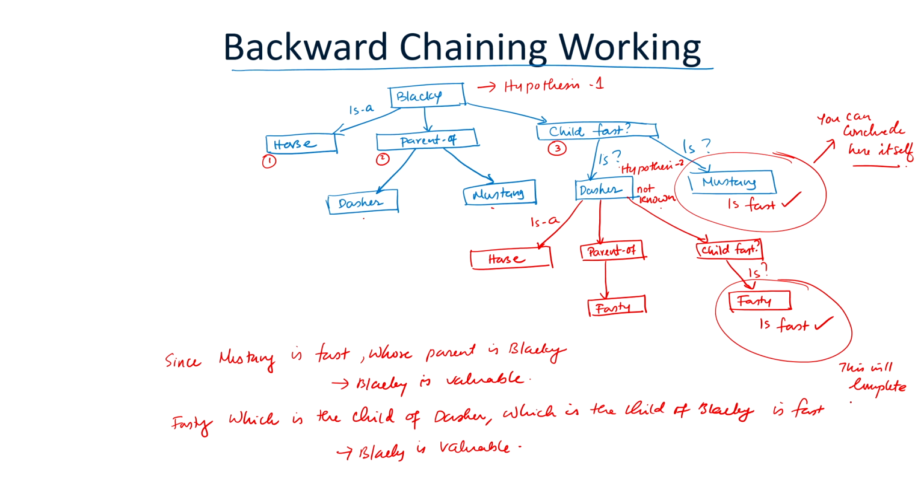The conclusion below: because Fasty is also fast, which is a child of Dasher, and Mustang is also fast, which is a child of Blackie, you declare. So, what are you concluding? Blackie is valuable. That is your conclusion.